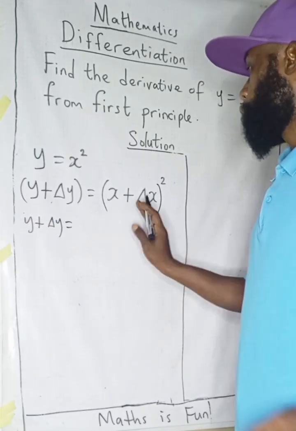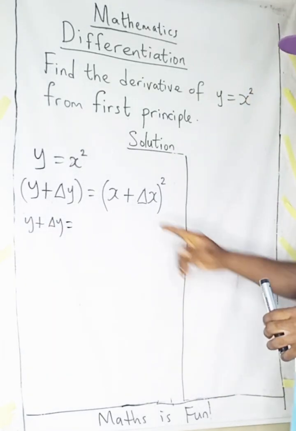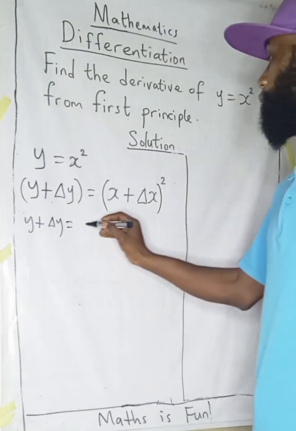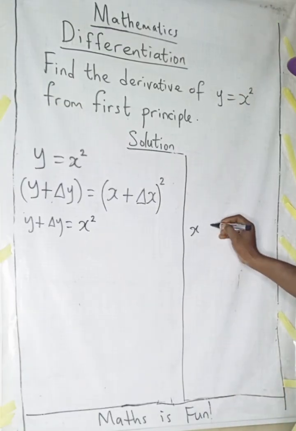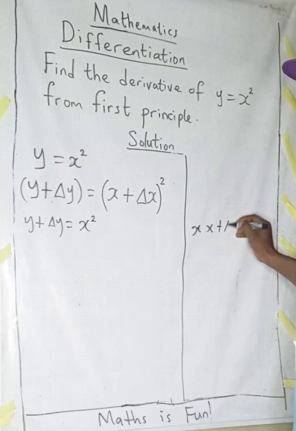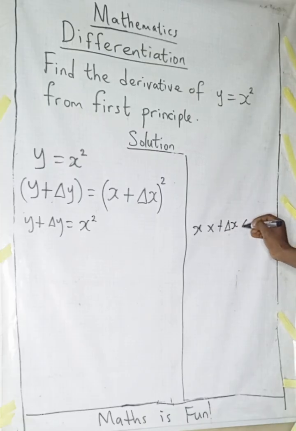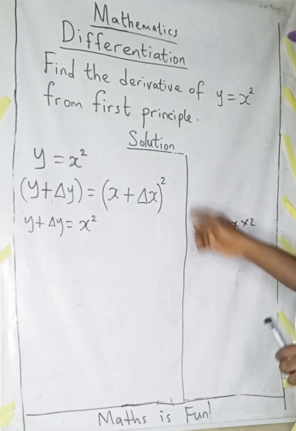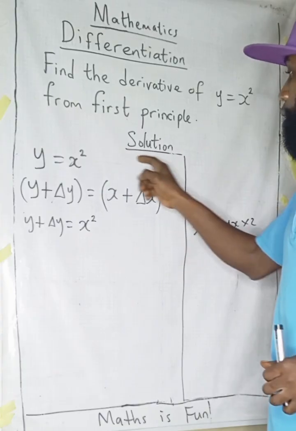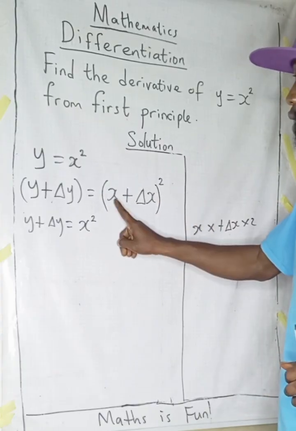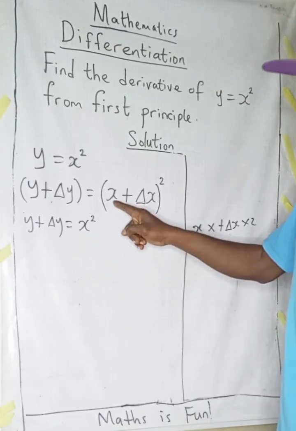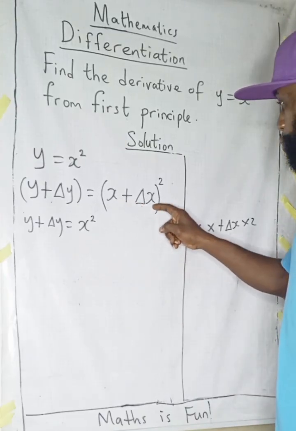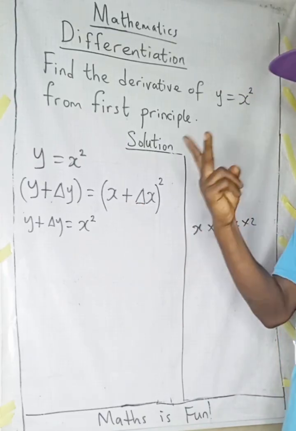Is equal to, we simplify what we have here, x squared, then we'll do x times positive change in x times 2. So how do we expand this expression we have here? First of all, we'll do x squared. Secondly, we'll do x times positive change in x times 2.